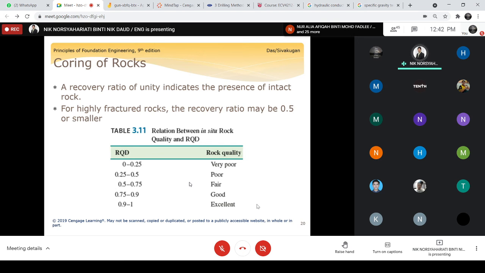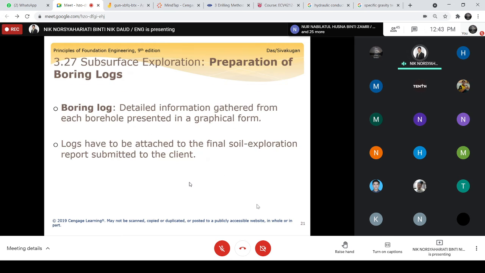That's how we use the RQD value in your design. Those are some of the direct tests or sampling methods where you take the sample and bring it back to the lab in order to get the data.